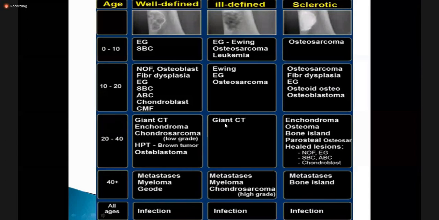GCT is most common, and in the young age, osteosarcoma is the most common tumor. With a sclerotic margin, osteosarcoma is very rare, but osteoid osteoma, osteoblastoma, and enchondroma are the common sclerotic lesions.